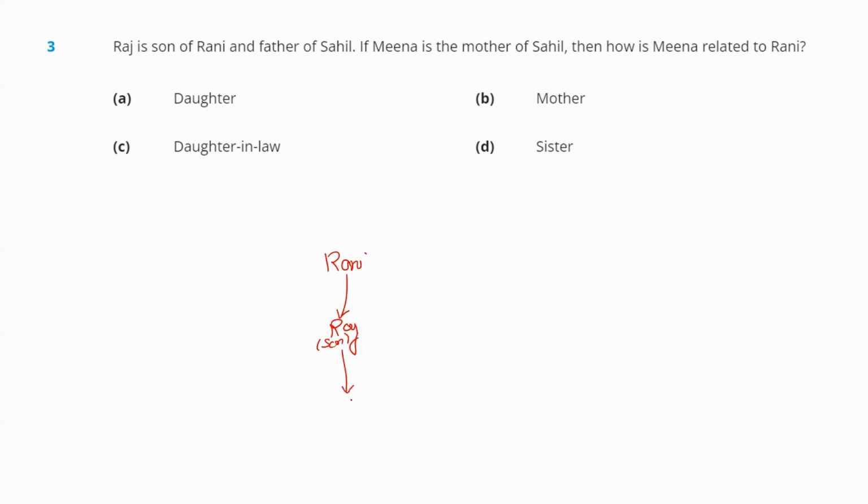So his son is Sahil. If Meena is mother of Sahil, that means she is the wife of Raj. Then how is Meena related to Rani? Rani is mother of Raj and she is mother-in-law of Meena. So Meena is daughter-in-law of Rani.